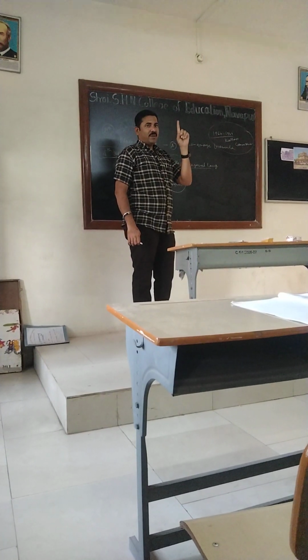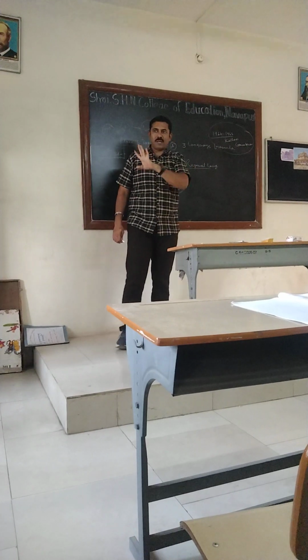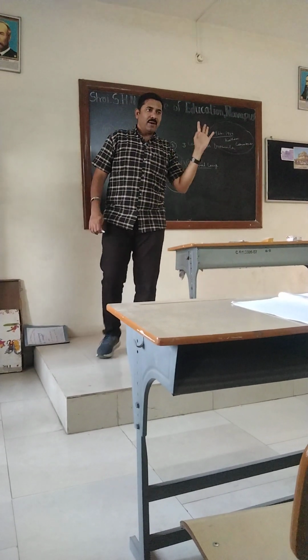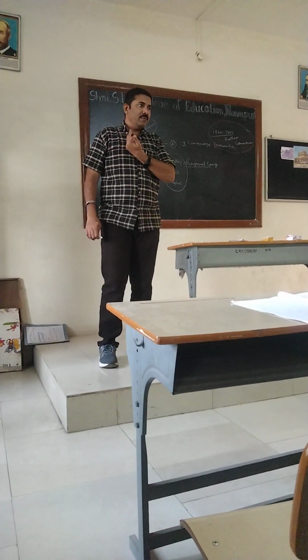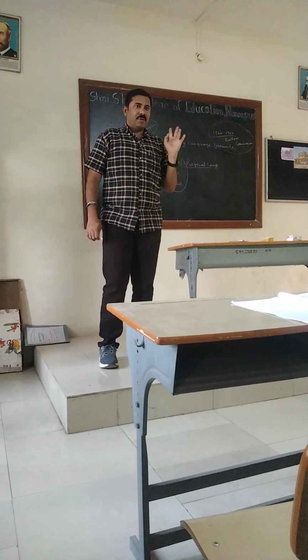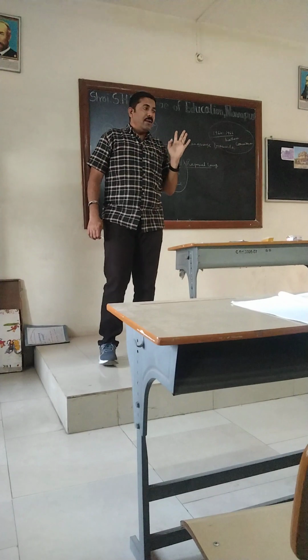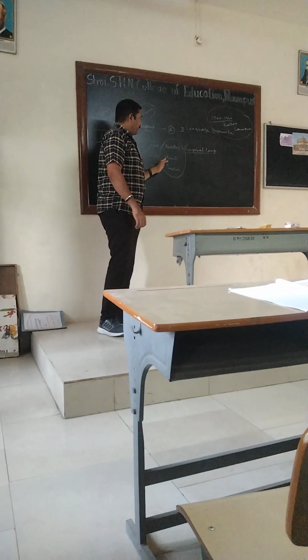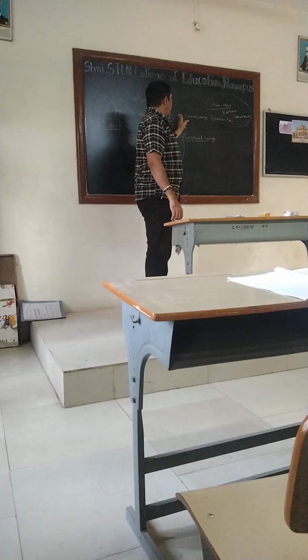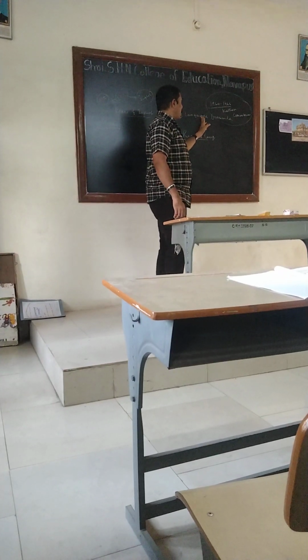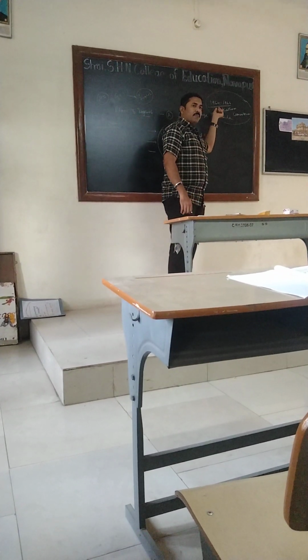In Gujarat, Gujarati is the first, and in Punjab there will be Punjabi. The second is Hindi, and the third will be English. That is the three language formula, which is the recommendation by the commission.